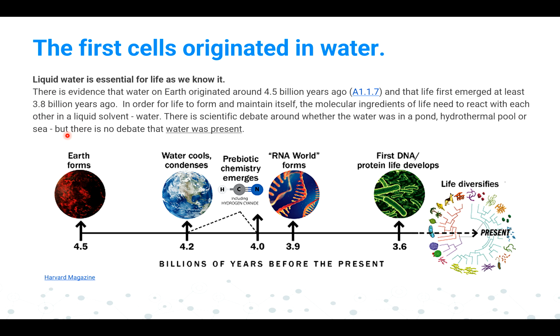And if you connect with life, the first cell on Earth originated 2000 million years ago in water. So you can imagine it takes some time for life to originate.